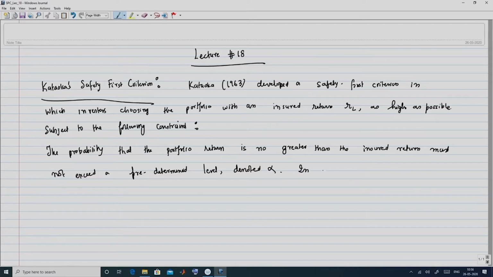So, in other words, let me offer a little bit of clarity in exactly how this translates mathematically.